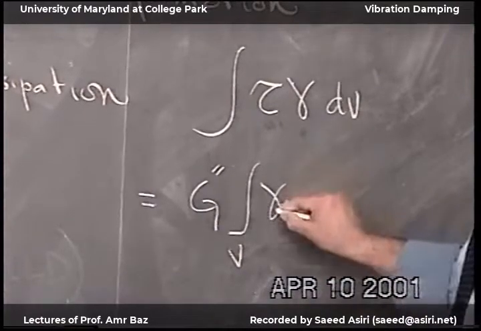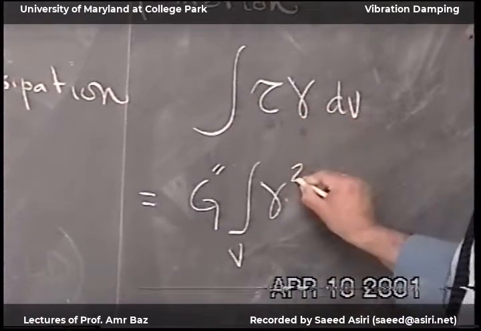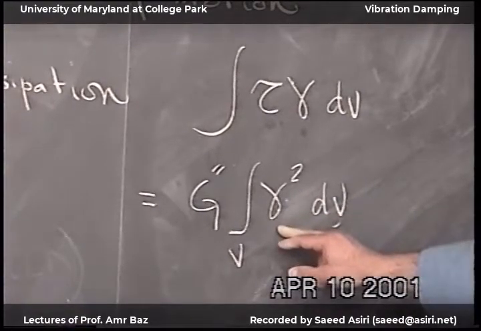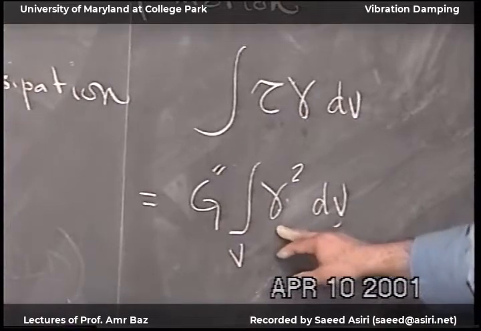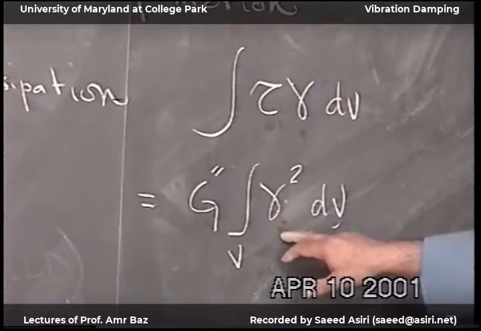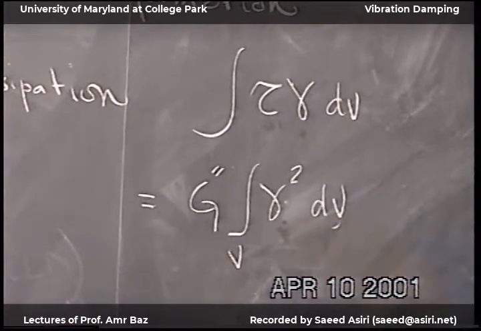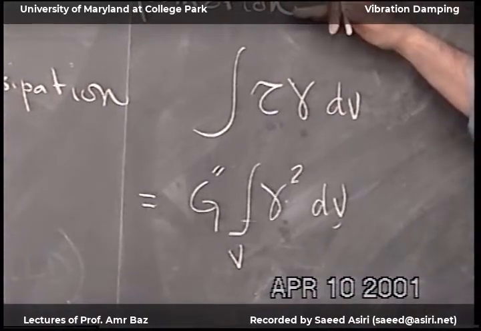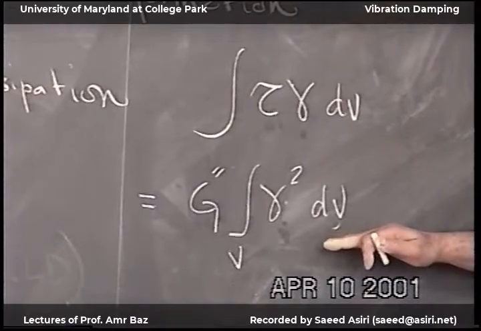So this would be angle and another angle, so this would be angle squared d volume. So now you see, if the angle is big, the energy dissipation is very, very big, because I'm squaring this term. Now, so for a given this, I'm going to determine this, and I'm going to determine the energy dissipation.